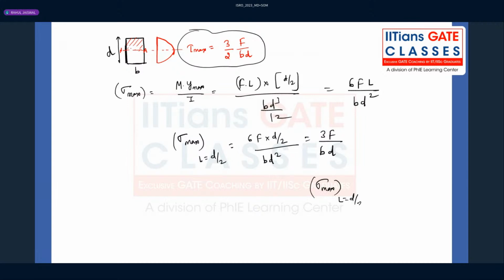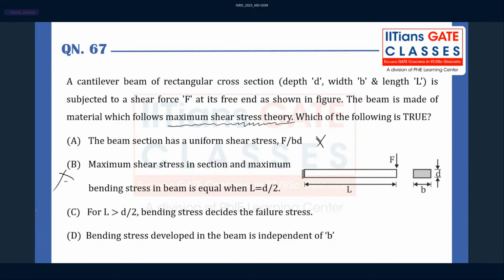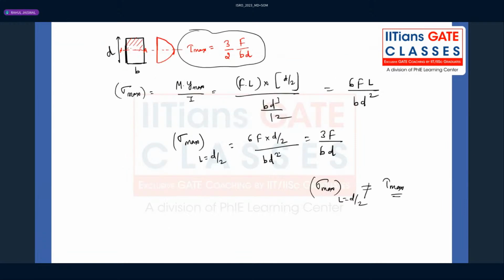When L is equal to D by 2, sigma maximum is not equal to tau maximum. So the second statement is absolutely wrong. What about the fourth option? Bending stress, whether you consider the maximum or any section, will be inversely proportional to B.